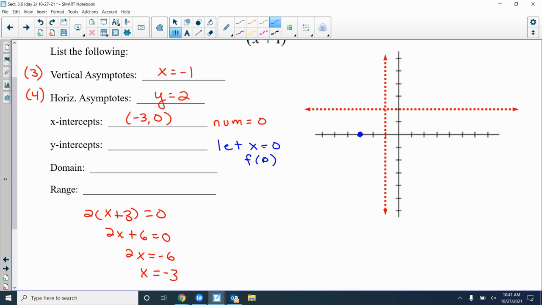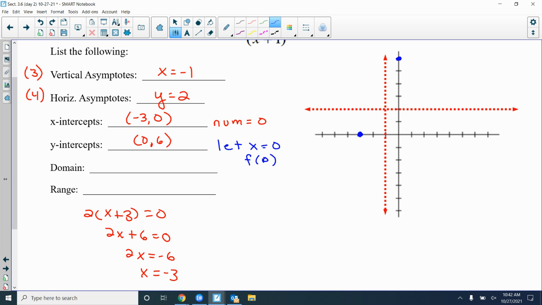All right, you get 6. Blame it on the 2. So 0, 6. All right, plot that point. 1, 2, 3, 4, 5. We don't really have enough to really see what's going on here. You got 2 points. That's it.